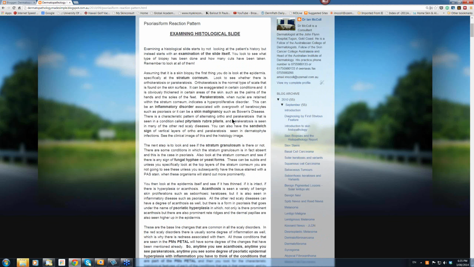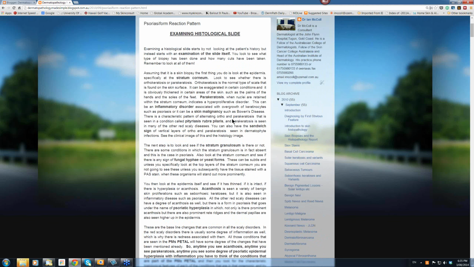You think of the mnemonic PM's PET: P for psoriasis, E for eczema, T for tinea, A for annular erythemas, lichen planus, light eruption, lupus, and P for pityriasis rosea, pityriasis versicolor, pityriasis lichenoides, pityriasis rubra pilaris. If you just think of that mnemonic, the M for mycosis fungoides or the parapsoriasis ones, the S for solar damage, or some of the syndromes, such as Grover's, Darier's, and erythrokeratoderma variabilis, then at least these conditions come into your head.